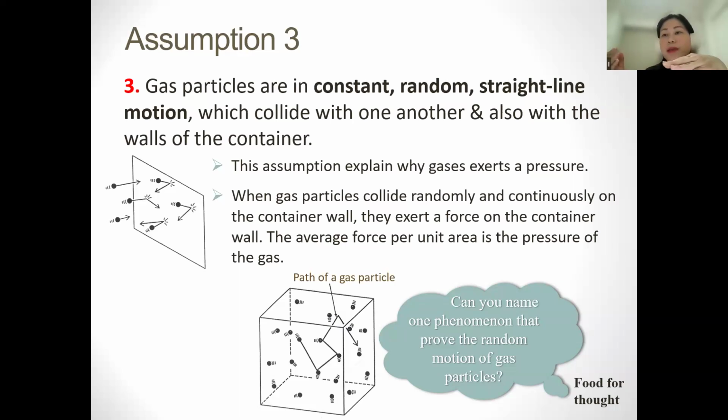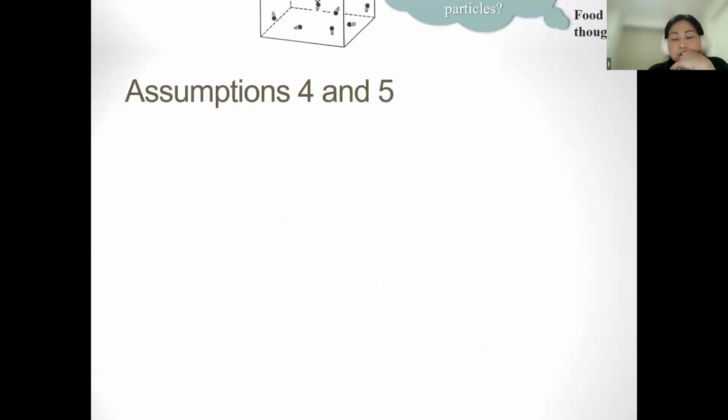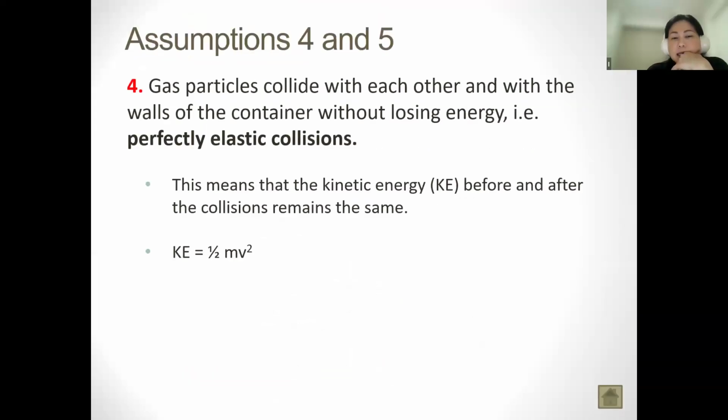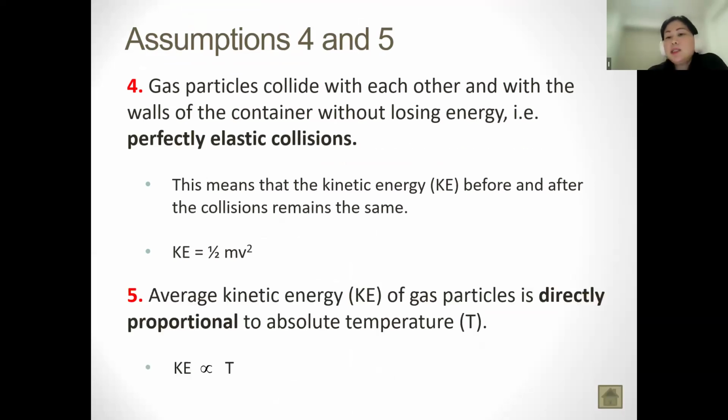But if another particle comes in their way, they will be diverted, but they will still continue to move in a straight line. As the collision is perfectly elastic, there's no loss of energy, so the kinetic energy before and after the collision remains the same. And the average kinetic energy is only dependent on the absolute temperature, which is the temperature measured in Kelvin.